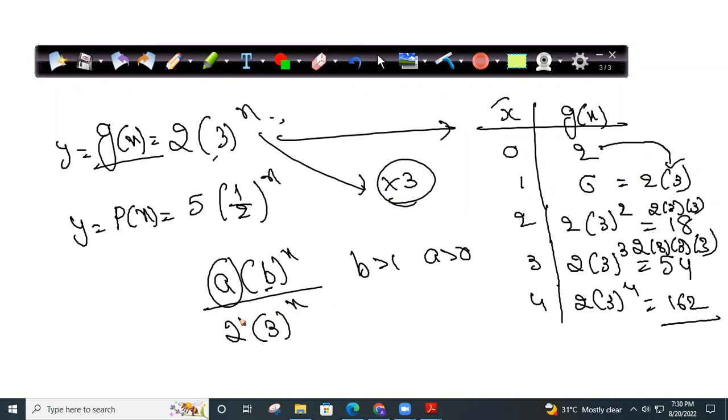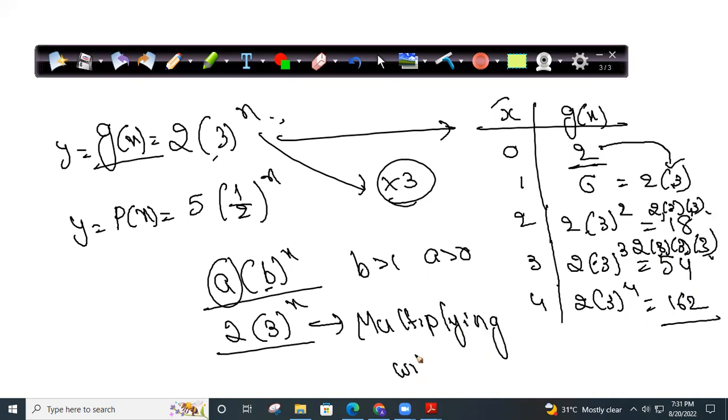This is the form, or the exact meaning of an exponential function is multiplying by a number. What I'm doing here: 2, 2 into 3, 2 into 3 into 3, 2 into 3 into 3 into 3, and so on. Multiplying with a number greater than 1.